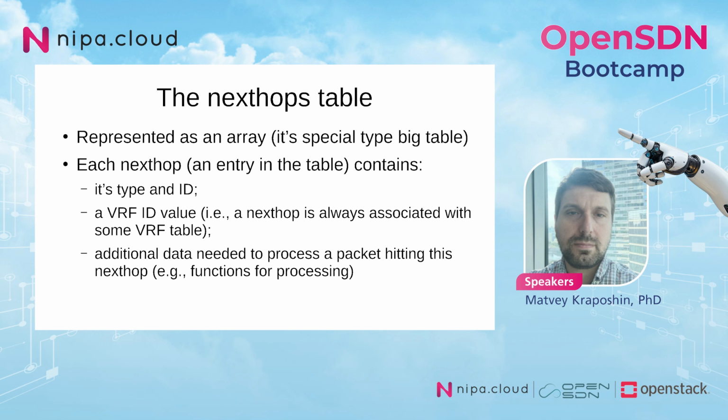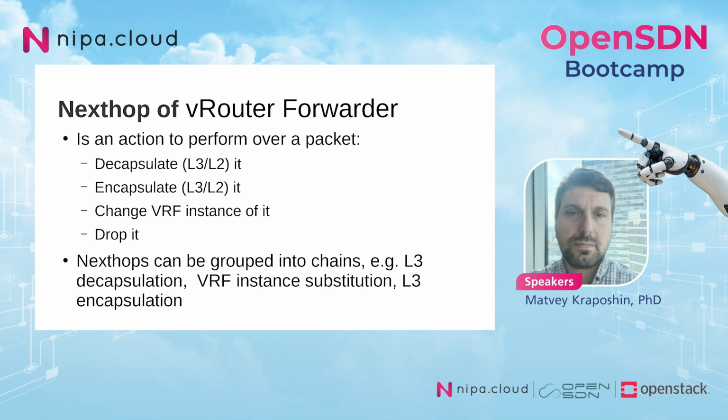And this is the last table which is needed to forward packets through our vRouter forwarder. Each next hop contains the ID of a next hop, and VRF ID. So we identify the VRF to which this next hop belongs, and additional data which is needed to forward a packet through vRouter forwarder.